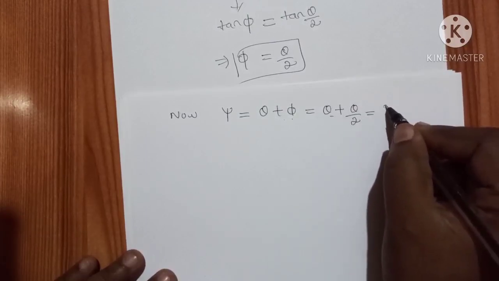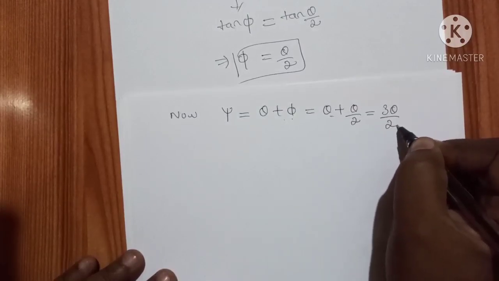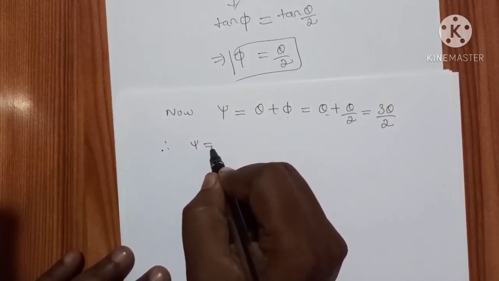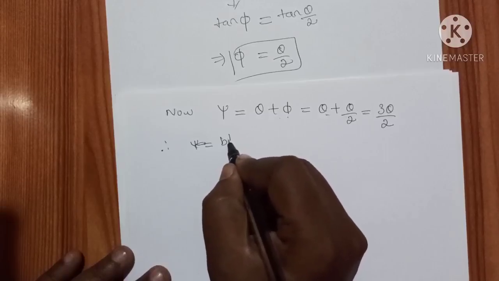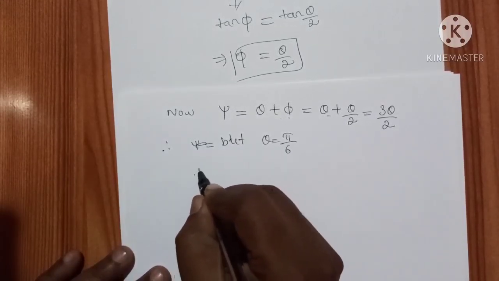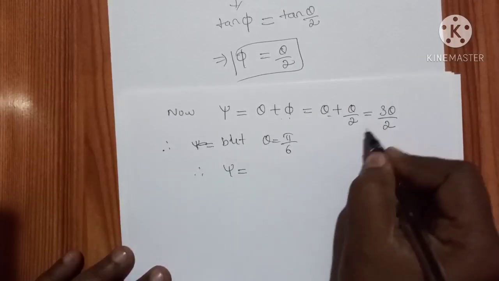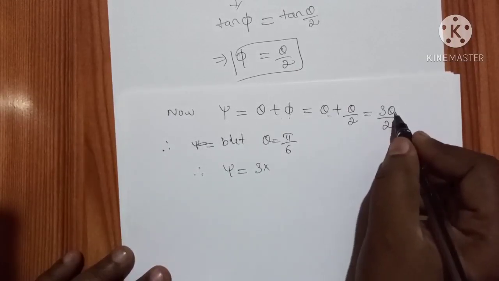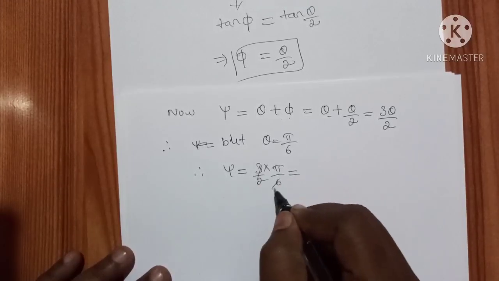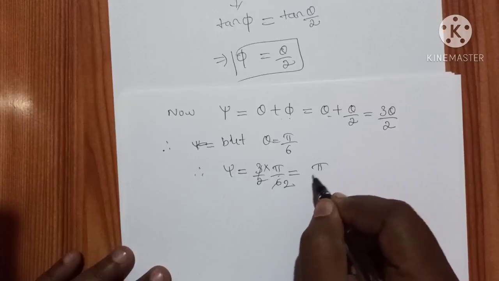Theta plus phi, where phi is theta by 2, adding these two we get 3 theta by 2. Therefore psi equals 3 theta by 2, but it is given that theta equals pi by 6. Therefore psi equals 3 by 2 into pi by 6, which is equal to pi by 4.